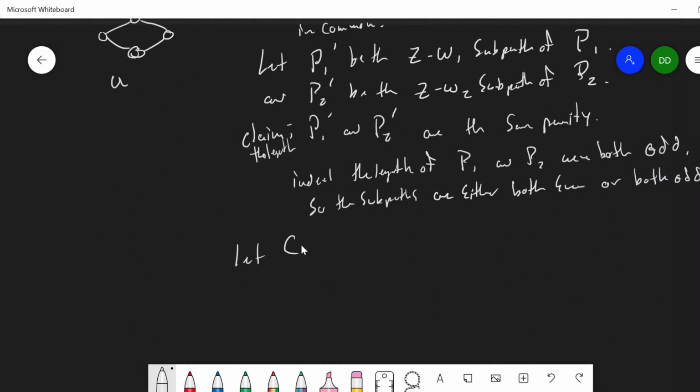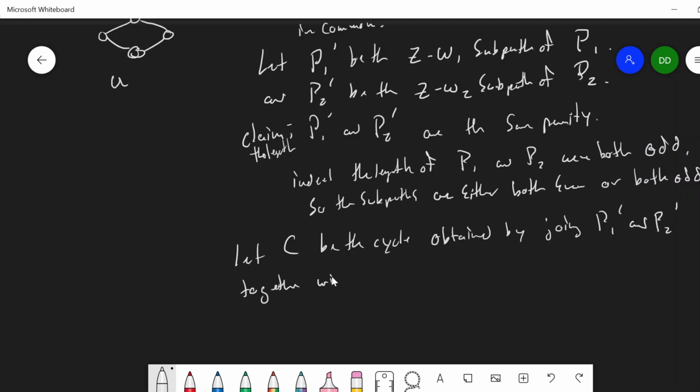So let C be the cycle obtained by joining P1 prime and P2 prime together with the edge W1, W2.